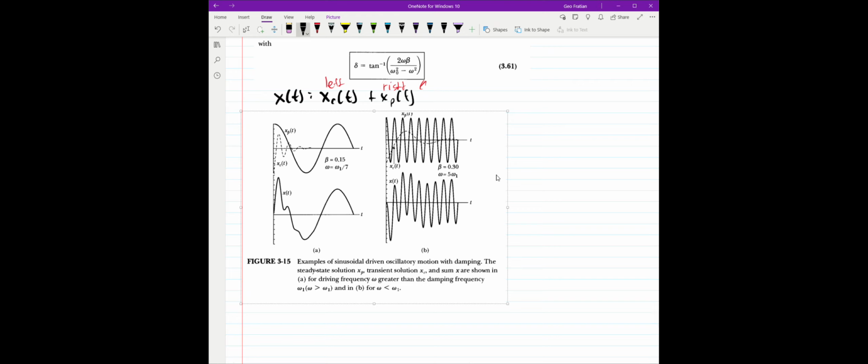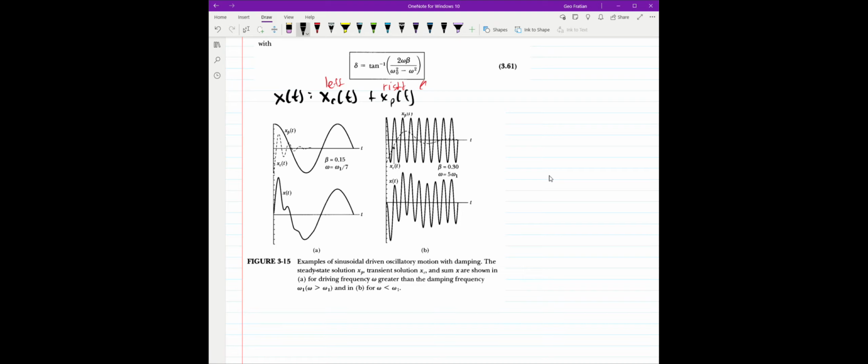Here we see some examples of sinusoidal driven oscillatory motion with damping. With beta 0.15, we see a very slight damping. Notice how the complementary solution looks versus the particular solution here, and then notice what happens when we add them together, which is what we actually get.